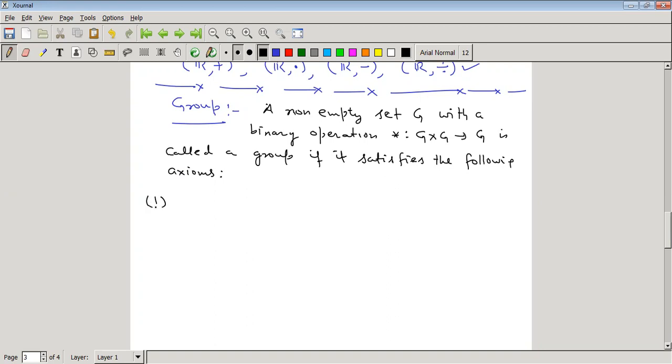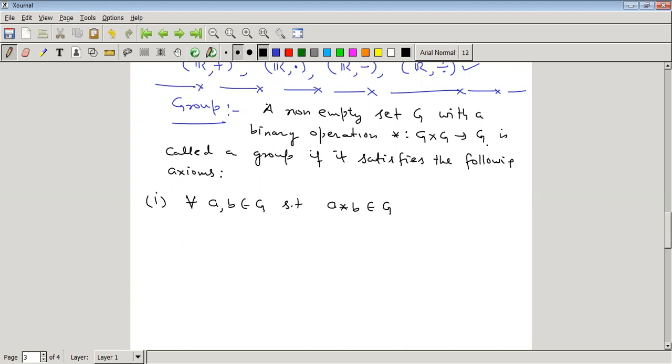First is, given any a, b belongs to G, a star b belongs to G. Even there is no need to define the first property. Why? Because it is a binary composition.